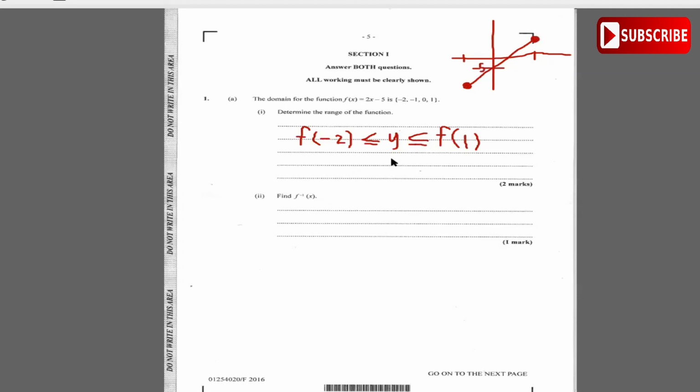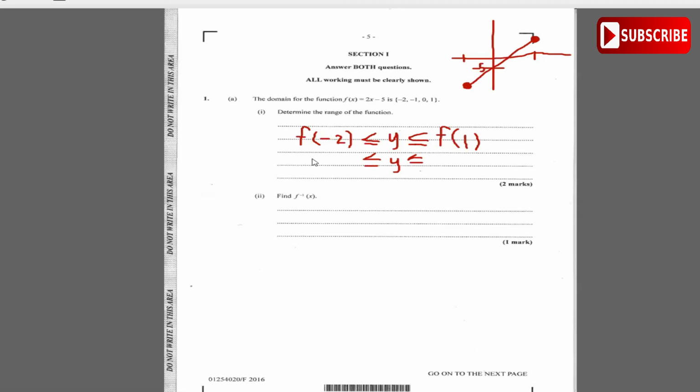So that's the range. The range is just y is between, what is f of negative 2? You put negative 2 here. 2 times negative 2 minus 5, that's minus 9.